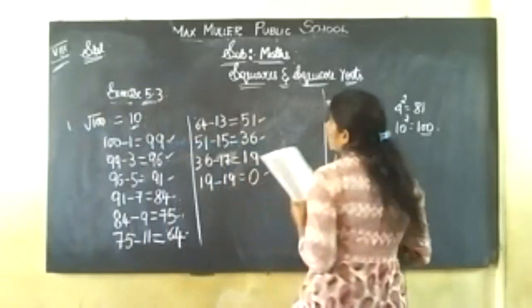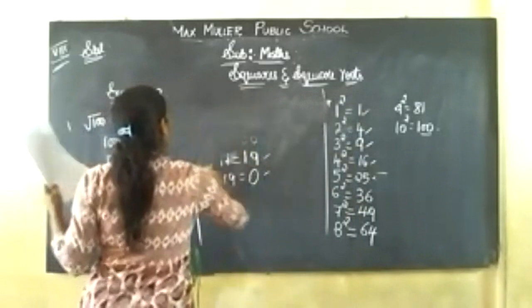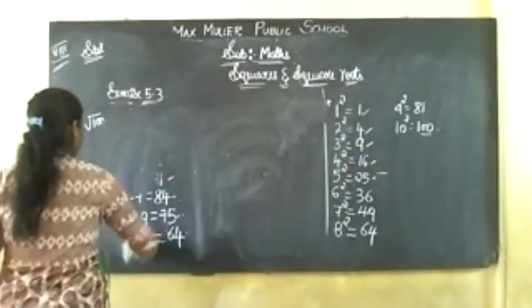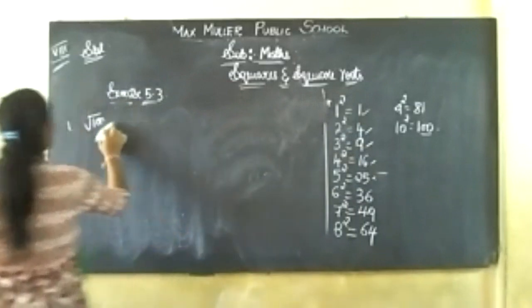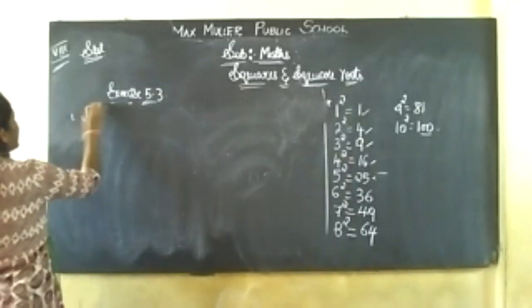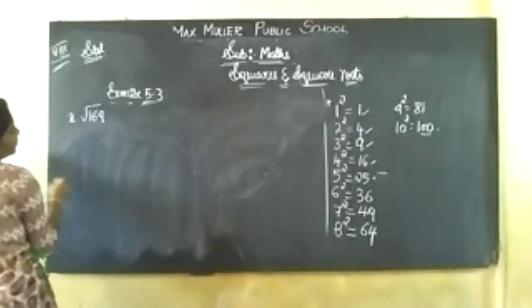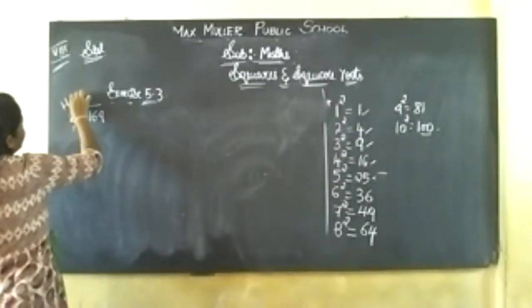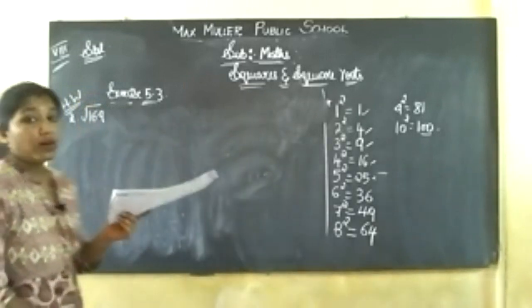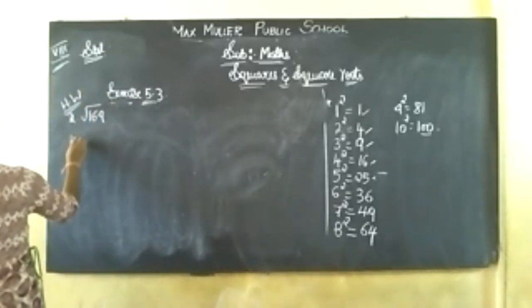Homework problem is for 169. You have to find out the square number.